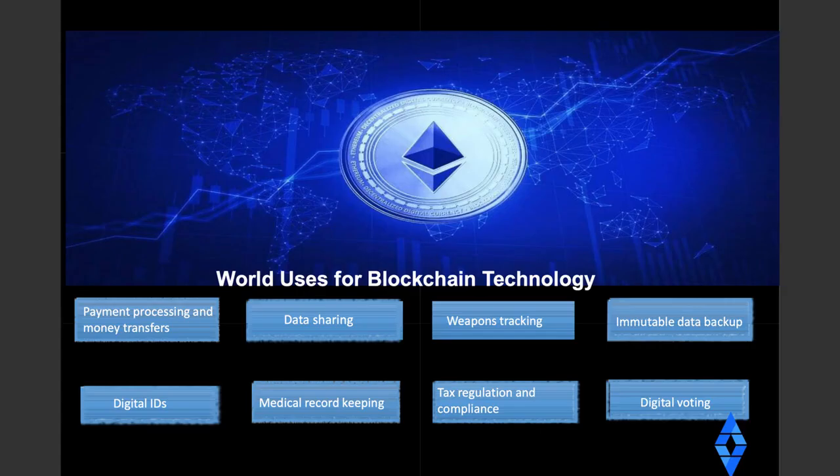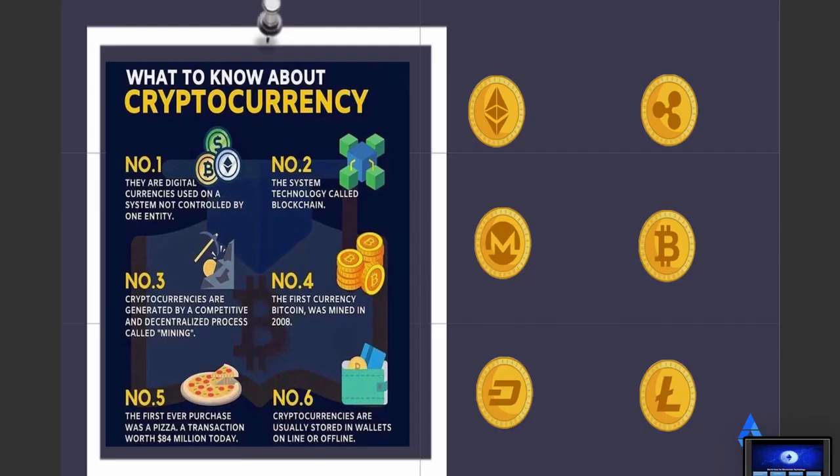Along with these, blockchain technology is being used widely across the globe in many fields, such as for payment processing and money transfers, data sharing, weapons tracking, data backup, creation of digital IDs, medical record keeping, tax regulation, and digital voting, to name a few. The advent of cryptocurrencies made the term blockchain more familiar to us.